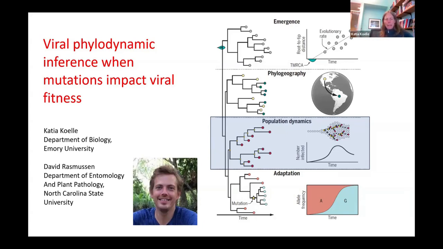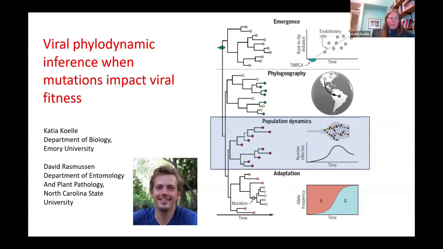And we started thinking about whether we should focus on a review paper or contribute a research paper. And so we started talking about phylodynamic inference, so reconstruction of infected population dynamics, when mutations actually impact viral fitness. If you remember from Yule's paper from 1925, he talks about mutations as being either viable or non-viable, and so there's this assumption of neutrality, right?